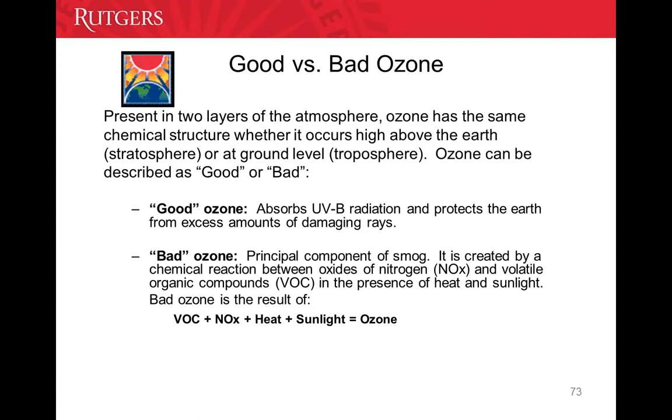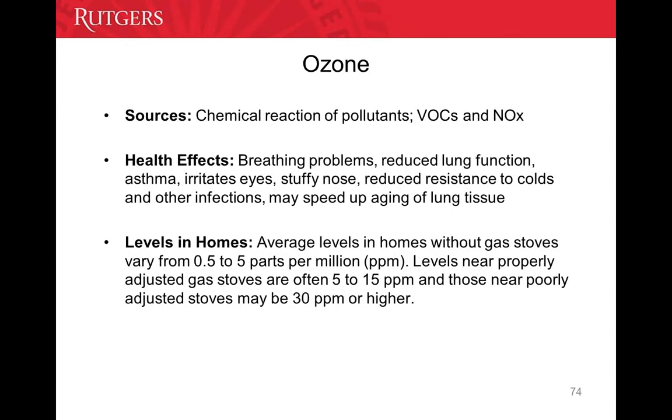So the stratospheric ozone is the one that we must maintain or keep safe. And the other one is the result of basically increased motor vehicle traffic. The health effects, of course, are reduced lung function, serious breathing problems, lots of irritation for eyes and nose, and it usually reduces our resistance to infection.